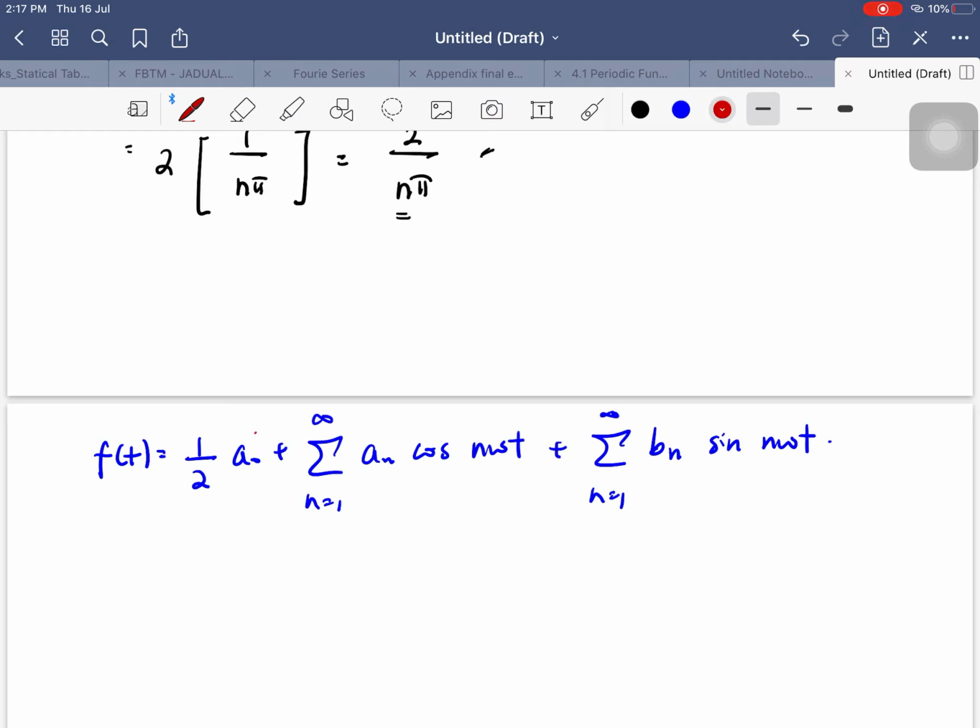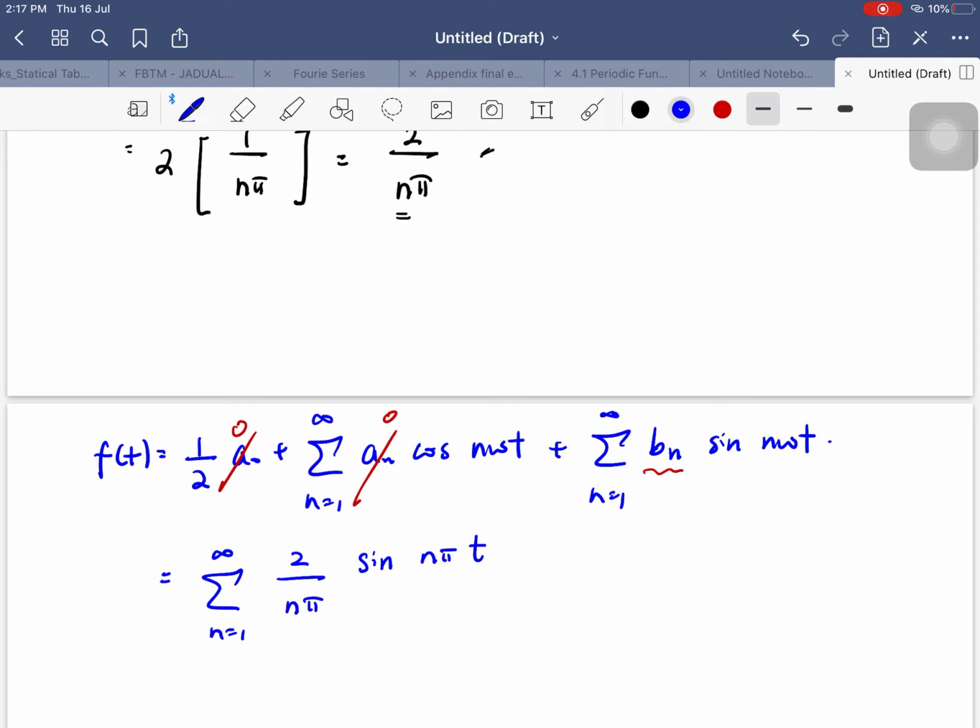But again, for this case, a naught is equal to 0, and an is going to equal 0. So we only have this term to substitute. So let's substitute right there. I'll end up with the sum from n equal 1 to infinity. So what is my bn? That is 2 over n pi. And I'm going to have sine of n omega t. My omega is equal to pi, so I'm going to have sine of n pi t. So that will be the outcome.